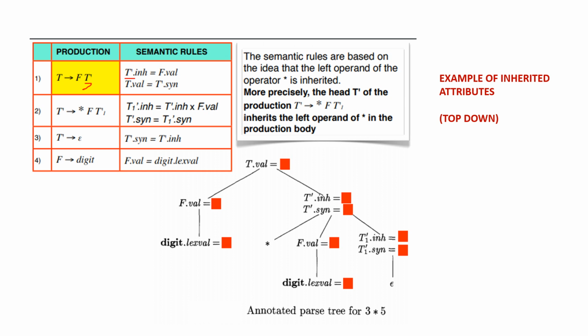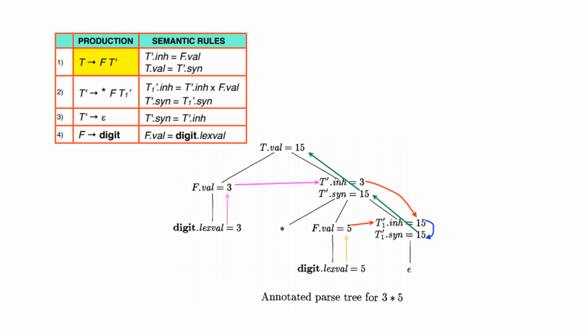Then there is F.val, which has a child node, and T.val is assigned to T1.inherit and T1.synthesis. We need T dash, not T1, and digit.lexval. To get the values, we scan from left to right, 3 into 5.